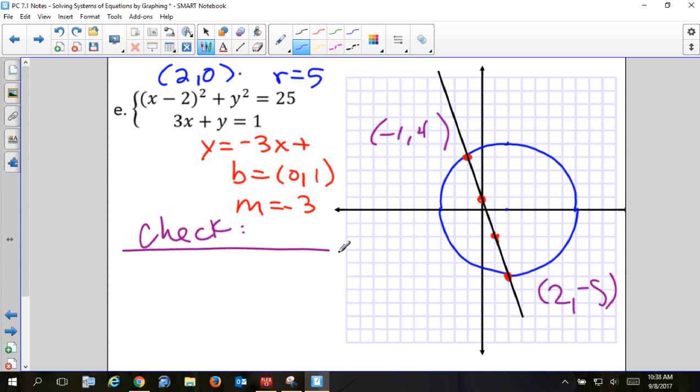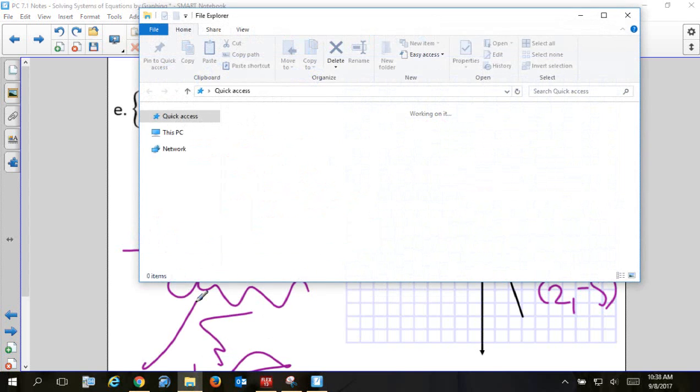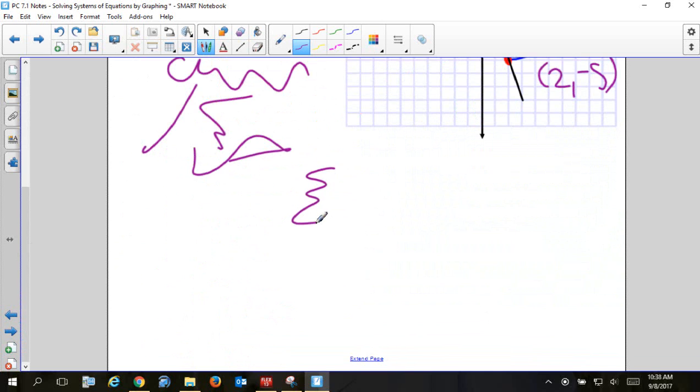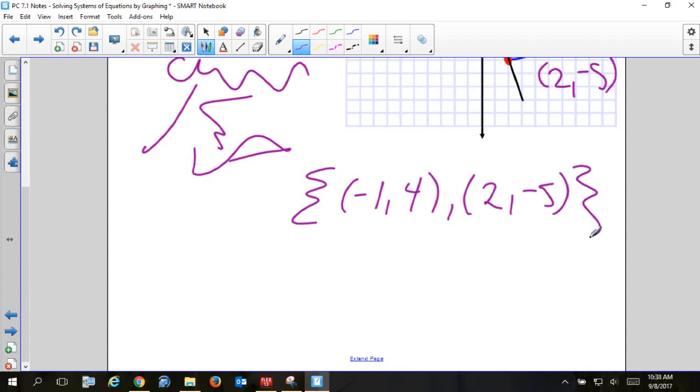How many ordered pairs am I checking? 2, in how many equations each? 2, so I'm checking 4 total things. Yep, they check. Okay. I'm going to write my answer in set notation. So -1, 4, and 2, -5.